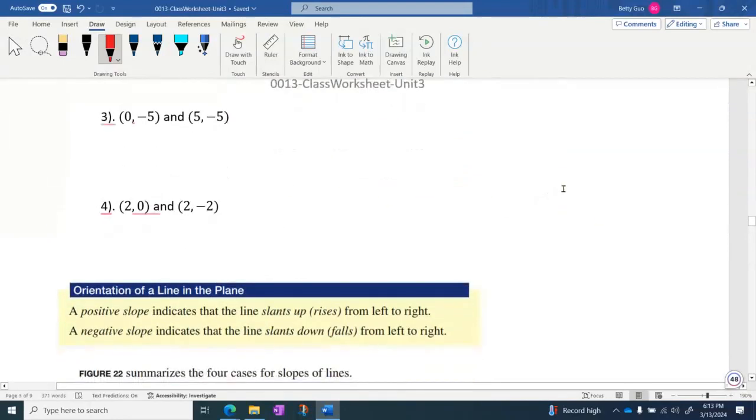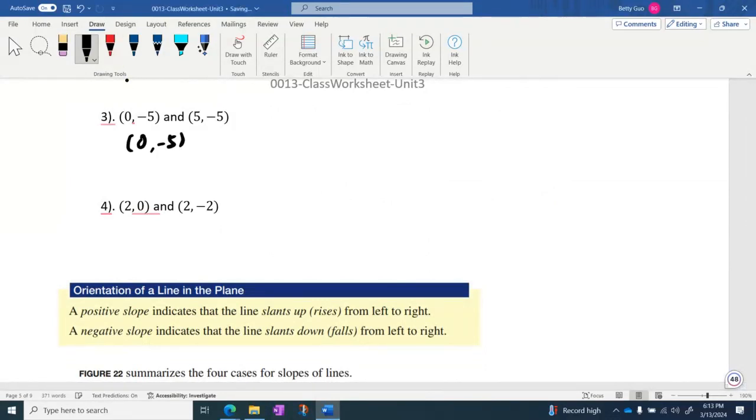And let's work on number 3 and number 4 now. Let's use the algebraic method. I'm going to put one point above the other. I put 0, 95 above 5, 95. We are looking for the slope of the line passing through those 2 points. This is the y value, this is the x value.